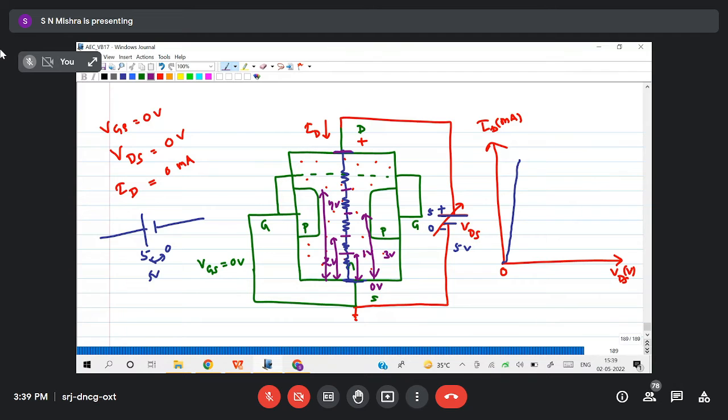I can assume like that or not? The potential drop is happening bottom to top, it will not happen all at once. If I divide the entire thing partly, from here to here it is 1 volt drop, here to here 2 volt drop, 3 volt drop, 4 volt drop, then end to end is 5 volt drop. That means the potential difference between these 2 points is 5 volt. Understood? Yes, sir.